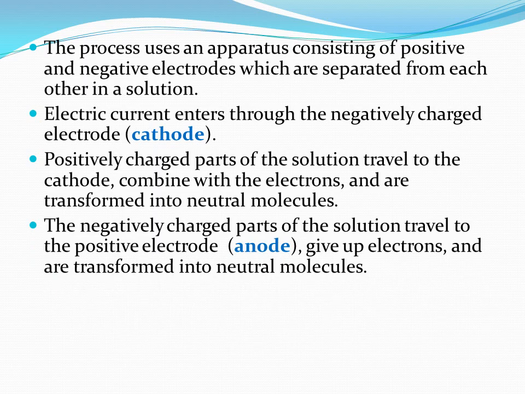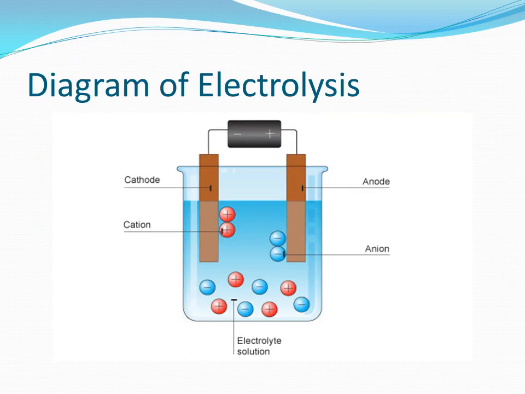Then the negatively charged parts of the solution travel to the positive electrode, that is the anode, give up electrons and are transformed into neutral molecules. So the negatively charged cathode attracts the positively charged part of a solution, and the positively charged anode attracts the negatively charged part of the solution.